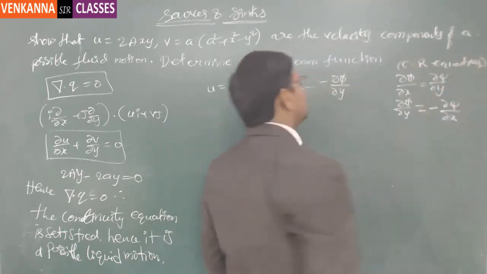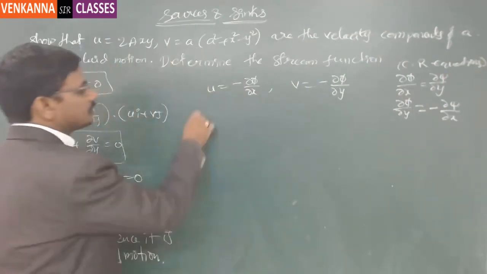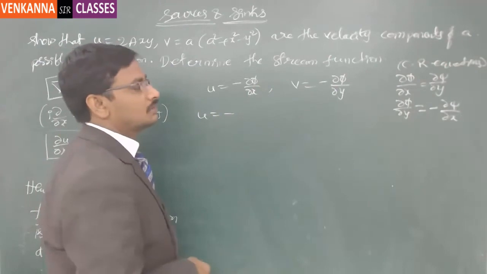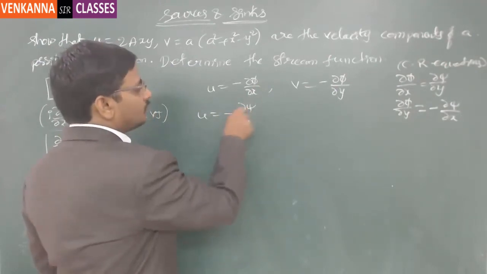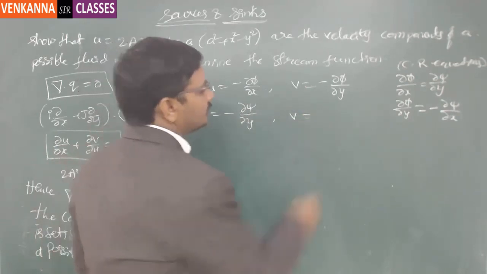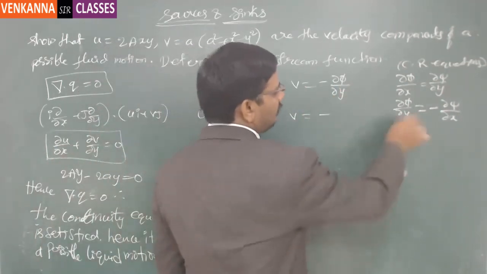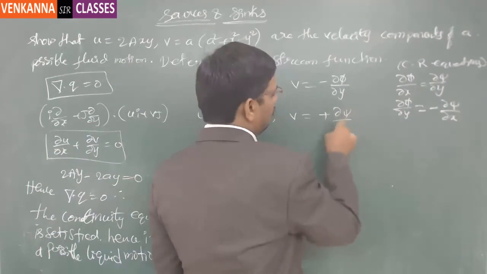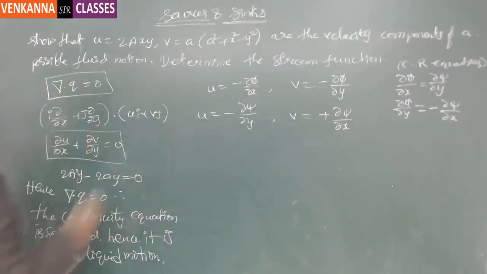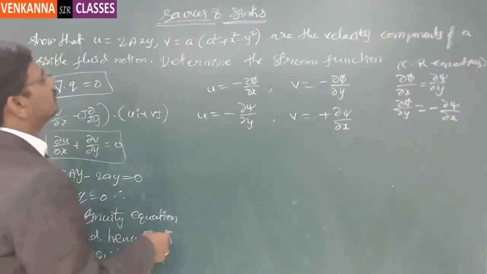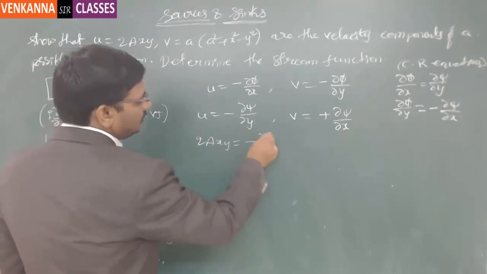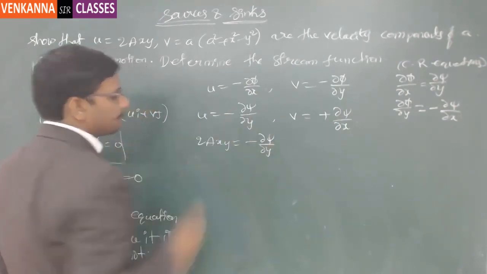Now from the CR equations, you can find the velocity components. Instead of phi, I am going to use psi. So u I can equate to minus ∂ψ/∂y, and v can be written as ∂ψ/∂x. Once you get this, equate the value of u: 2axy is equal to minus ∂ψ/∂y.